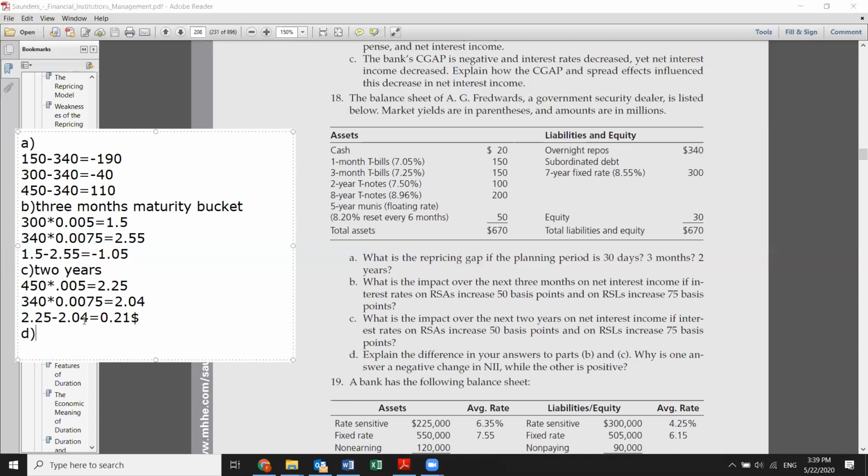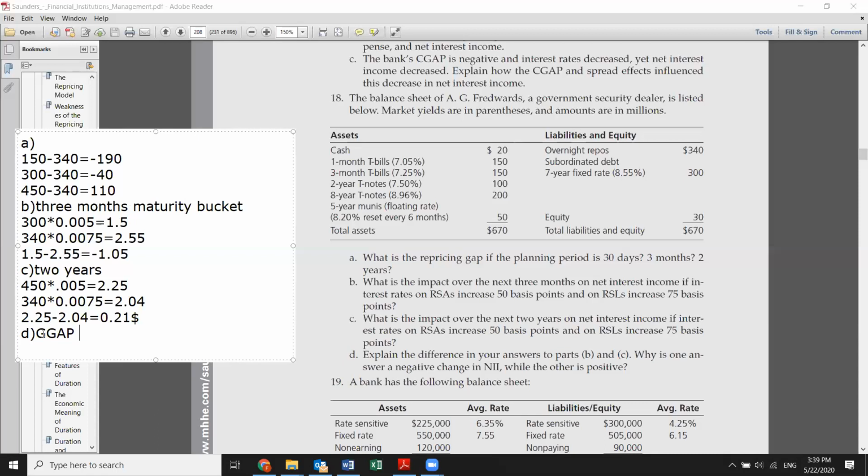So we know that both the cumulative gap and spread effect explain this. The cumulative gap says that if it's positive, and in here, in 3 months, we have a positive cumulative gap, yes?